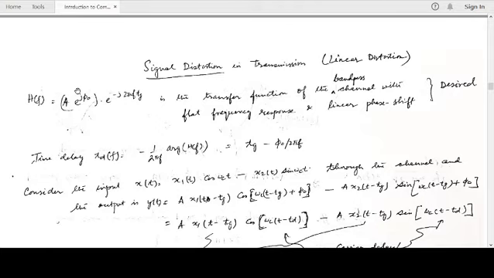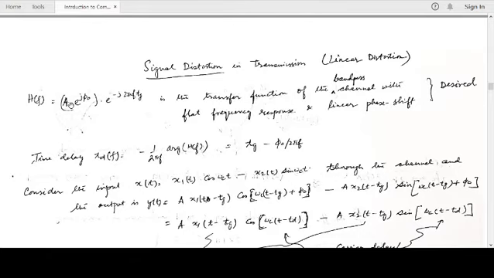You already know from signals and systems that the transfer function is the Fourier transform of the impulse response of the channel. It has an amplitude response and a phase response.